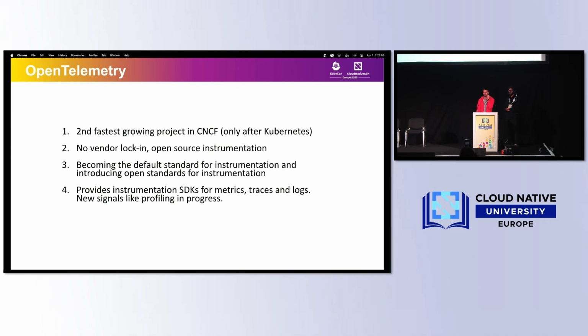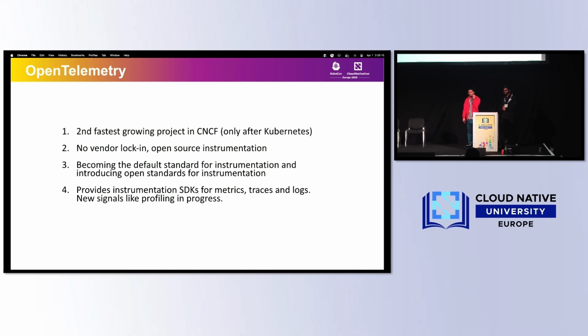So you can just adopt OpenTelemetry and be vendor agnostic. It's becoming the default standard for instrumentation across all the projects, not just CNCF. So if you are in the space of, let's say, LLM monitoring, it's also compatible with OpenTelemetry.